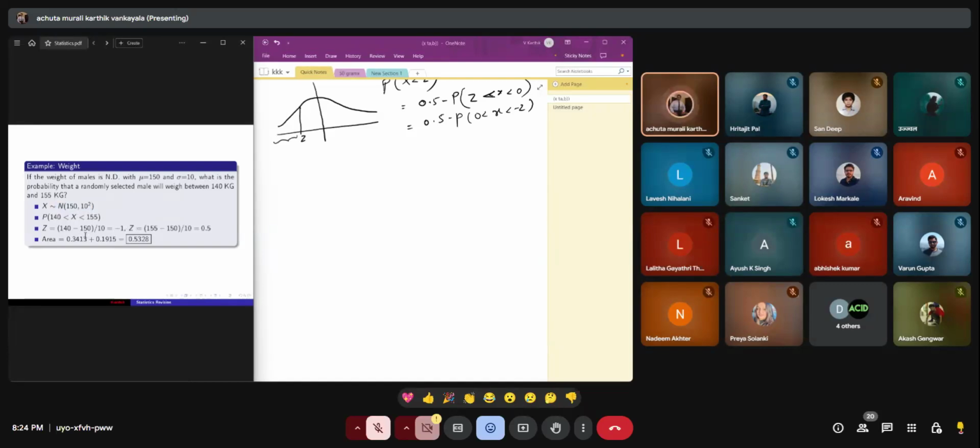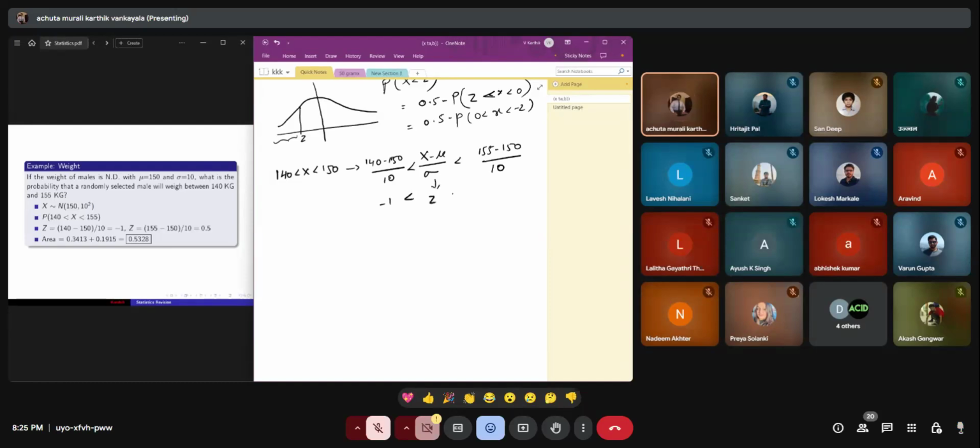Z scores would be 140 minus 150, this is for the lower bound, and 155 minus 150 for the upper bound. You want to convert this into a standard distribution so as to look it up from the table, each divided by 10.